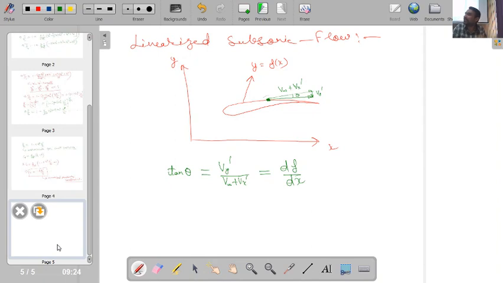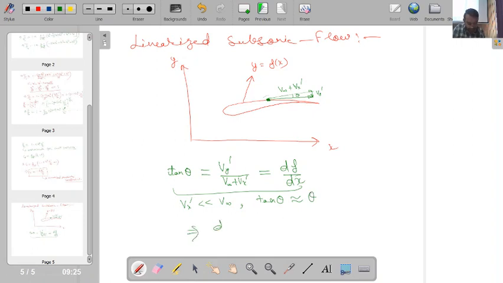So from the geometry itself we have got one boundary condition. Now because we are saying that we are having the small perturbation theory, for small perturbation theory, what will be happening? Vx dash will be very small in comparison to V infinity. So here Vx dash can be removed, and also for small angles of theta, tan theta will be nearly equal to theta.